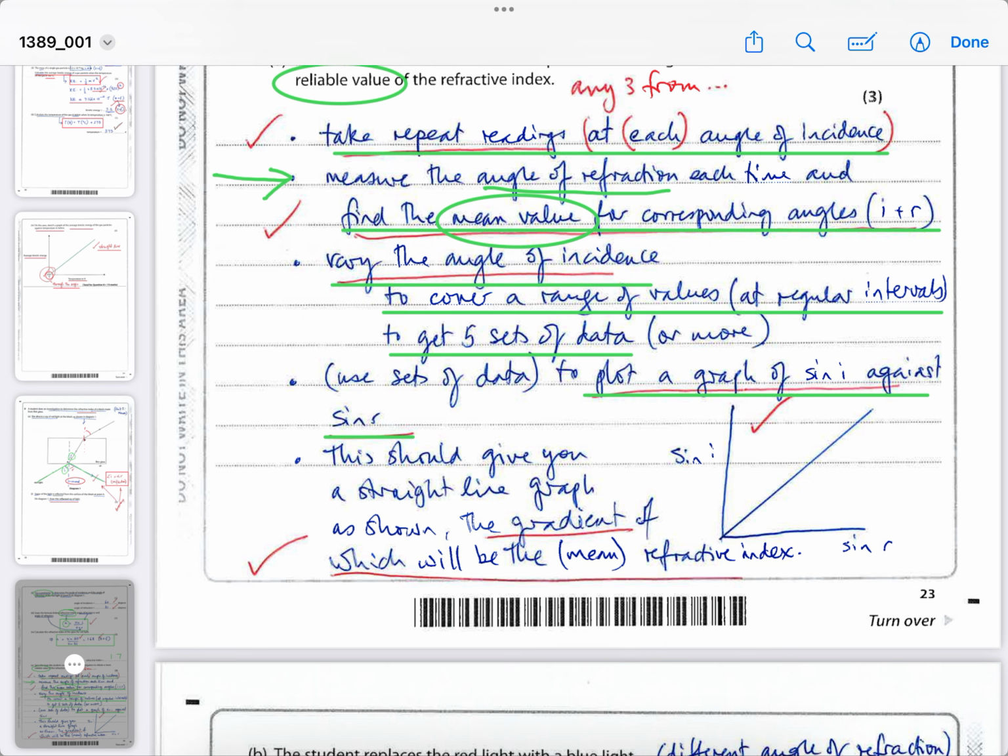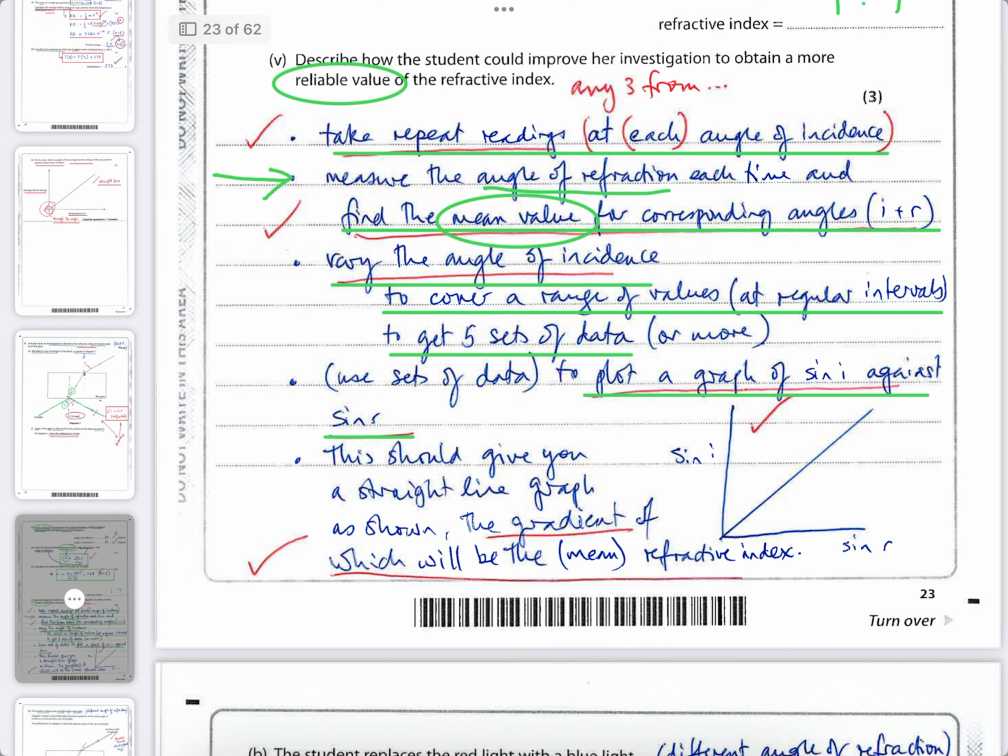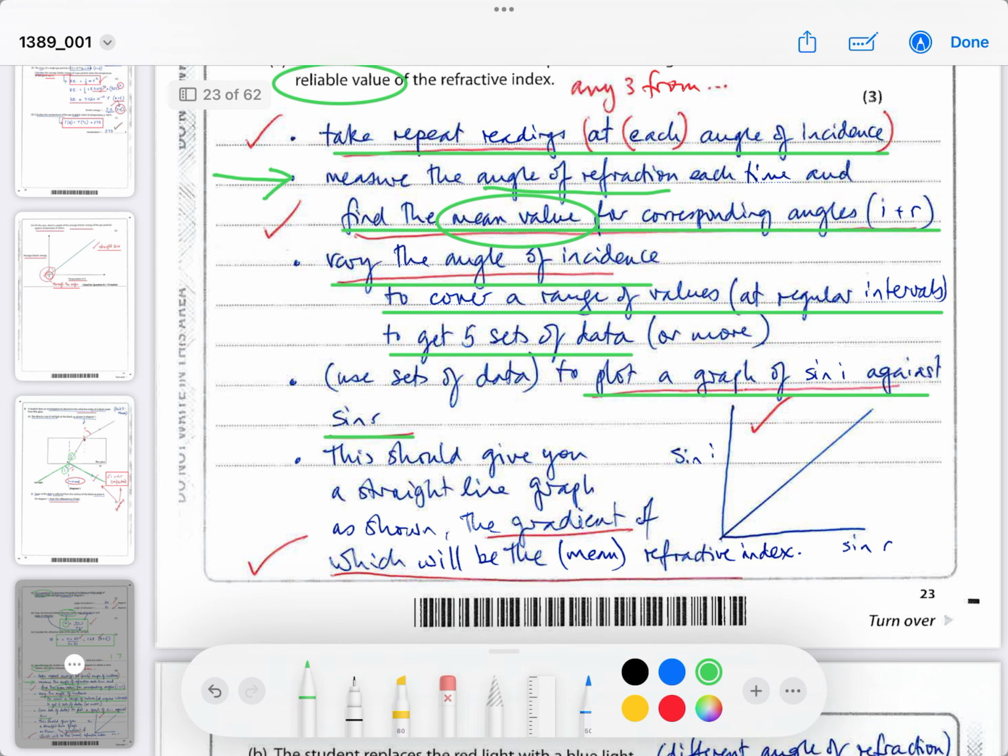You might have some points above the line, some points below the line, and having a graph allows you to draw the line of best fit, which will give you an average of all of your data points. So it will be more reliable. The line of best fit will be the most reliable value you can get for the refractive index.